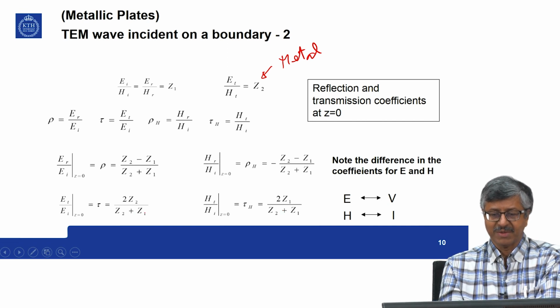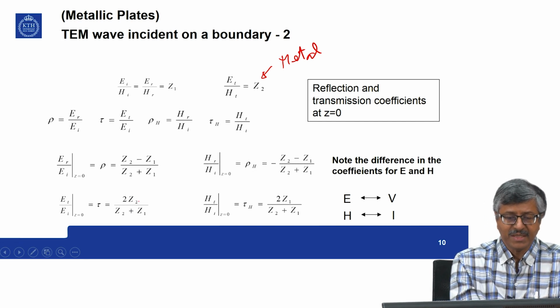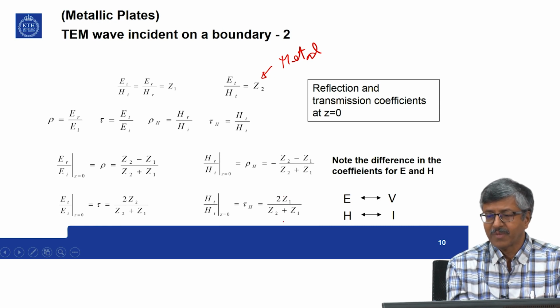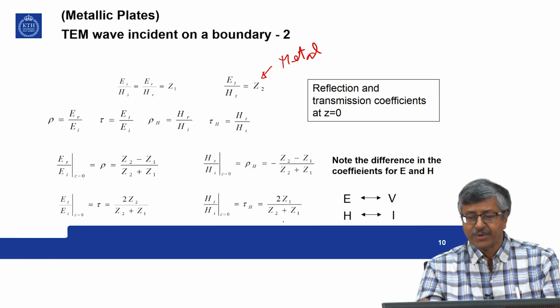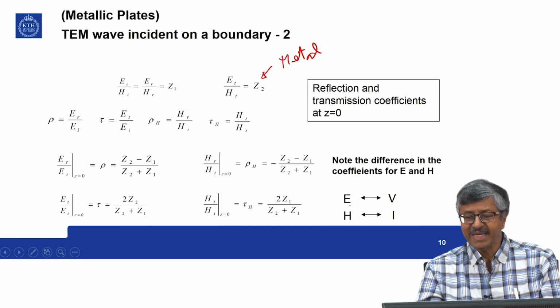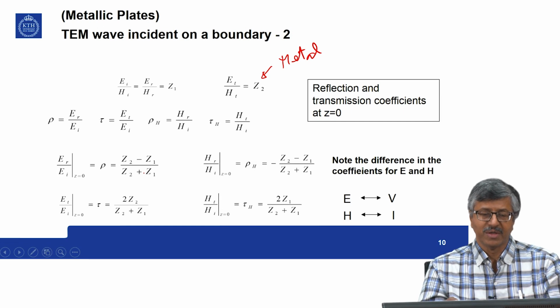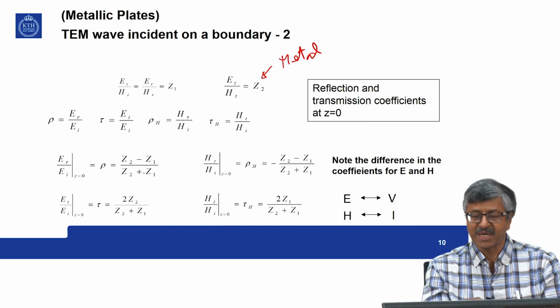So, here the transmission coefficient is very different. Here in the numerator Z2 is a very low value compared to the denominator, and here it is Z1. Also, we have a correspondence between E and V and H and I. So, this correspondence is used to connect this with the theory on reflection of transmission lines that we have seen in chapter 2.